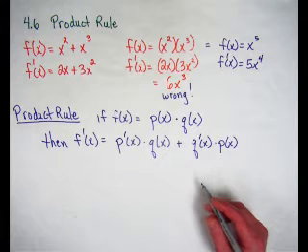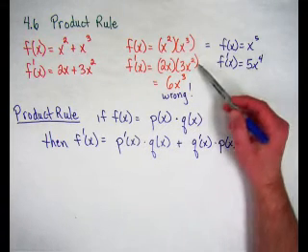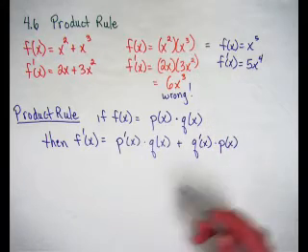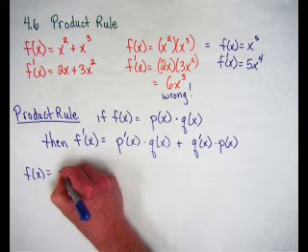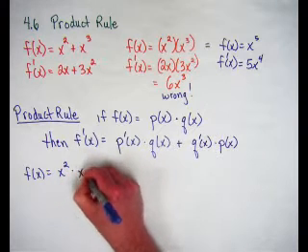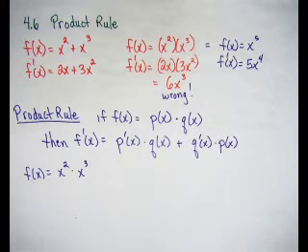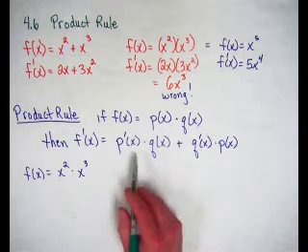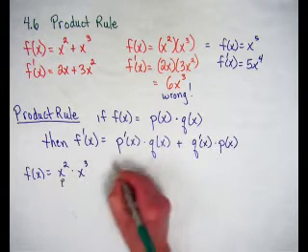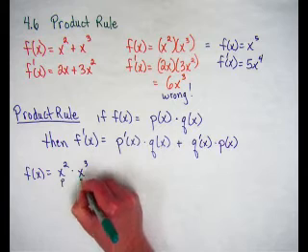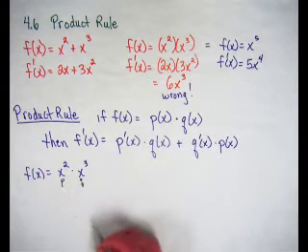Now I wanted to show you that in the question we did up here, let's try using the product rule and see what happens. Let's take the function f of x equals x squared times x cubed. According to the rule I just showed you, I should be able to identify x squared as being p and x cubed as being q, and they're being multiplied.